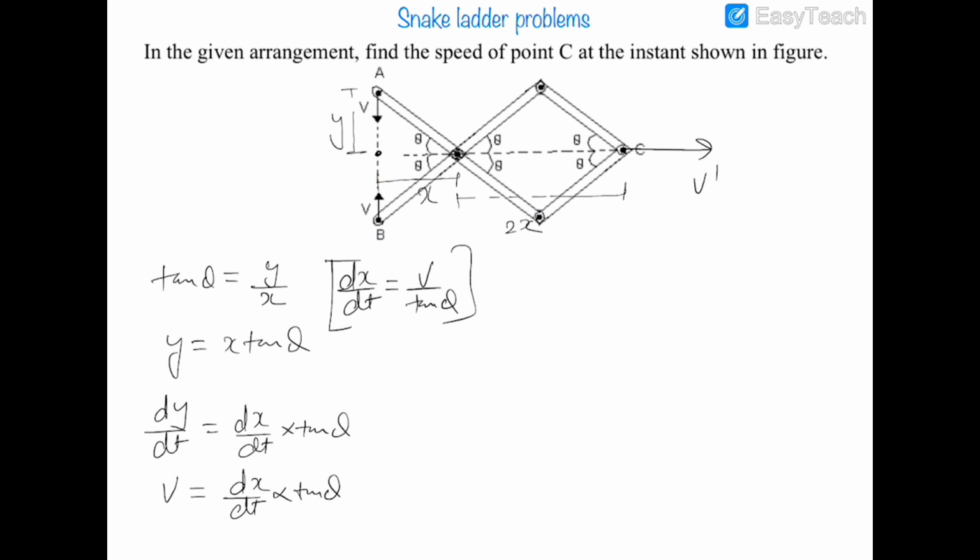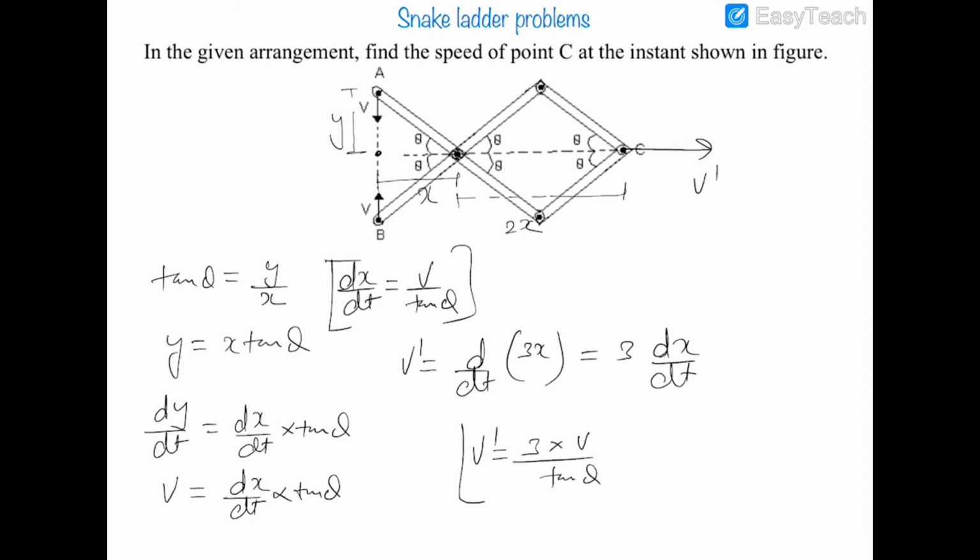So the velocity of point C, v dash, will be d by dt of 3x, which is 3 times dx by dt. Now we have the value of dx by dt, which is equal to v upon tan theta. So v dash will be equal to 3v upon tan theta. So this is the velocity of point C.